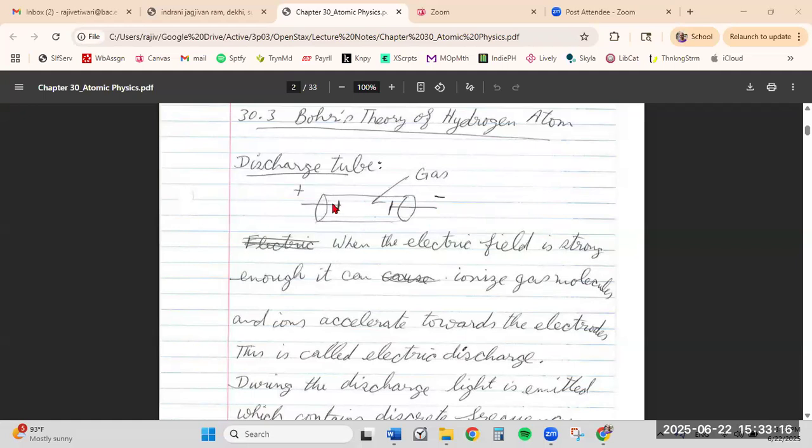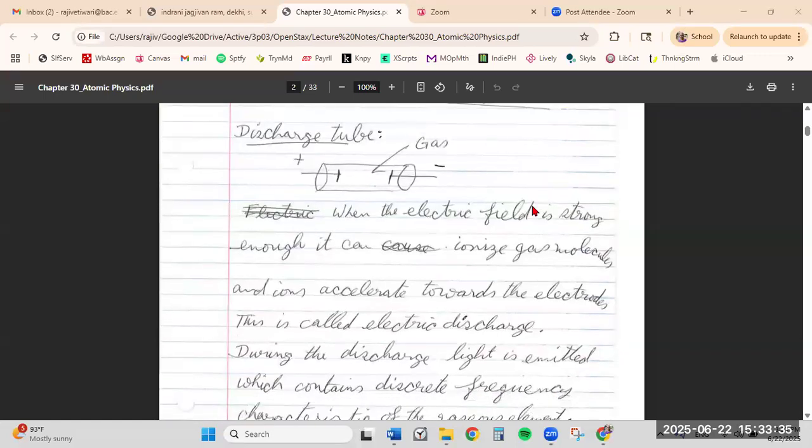When the electric field set up by the anode and cathode is strong enough, it can ionize the molecules of the gas in the discharge tube. The discharge tube is filled with a gas, and the molecules can be ionized, meaning the electrons in the atoms that make up the molecules can be stripped away, leaving behind positive ions.